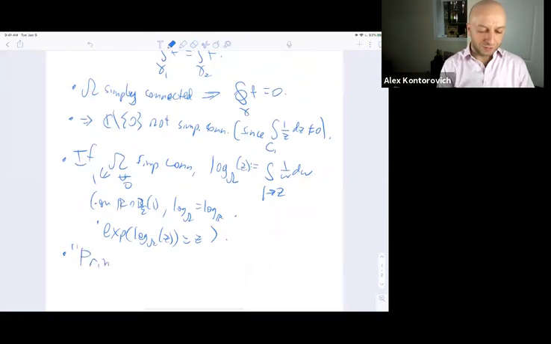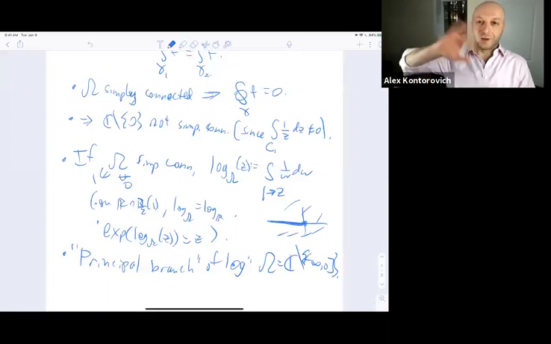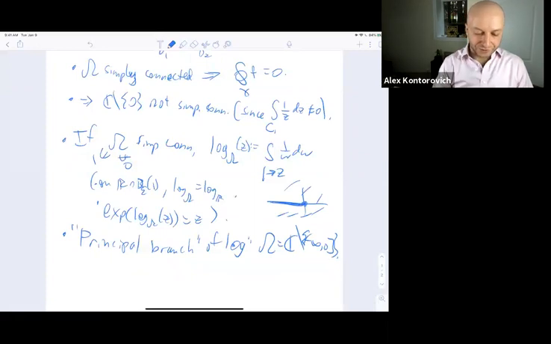The so-called principal branch of log is when you take omega to be the slit plane. So if you take the complex plane, you remove 0 and infinity, and the argument ranges from minus pi to pi. That's the principal branch.